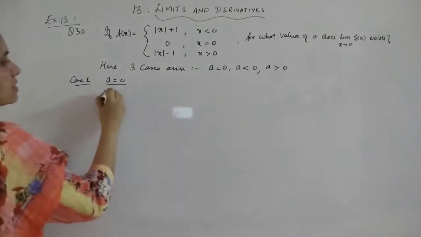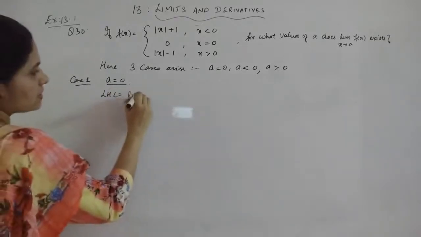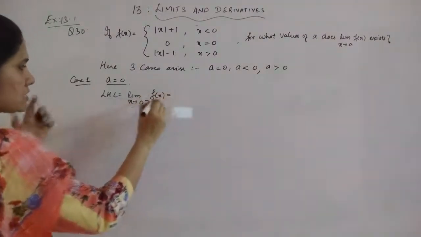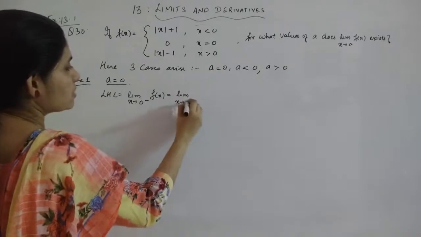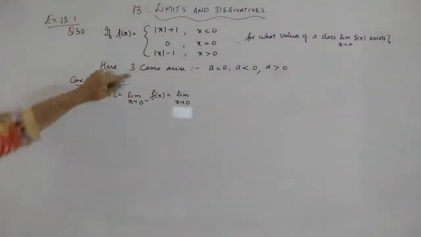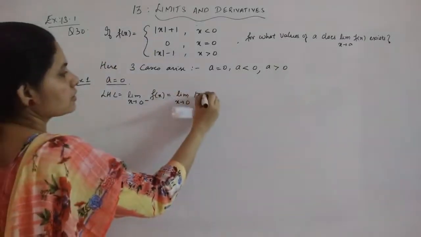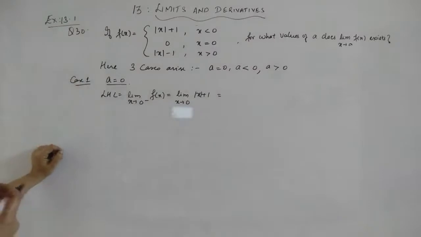Okay, so first left hand limit, that is LHL, equal to limit x tends to 0 minus f of x, which is equal to limit x tends to 0 minus means it is less than 0. So you have to replace the function value with mod x plus 1. Now what about mod x?